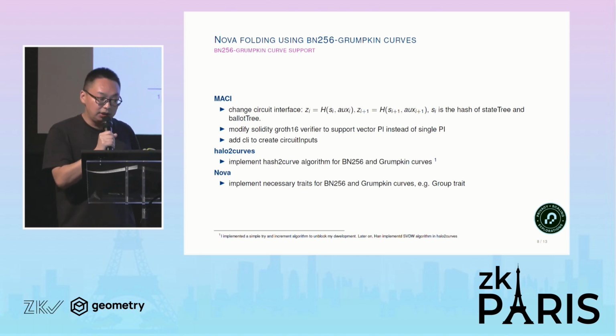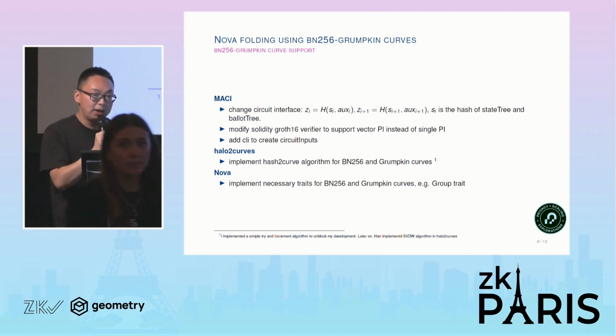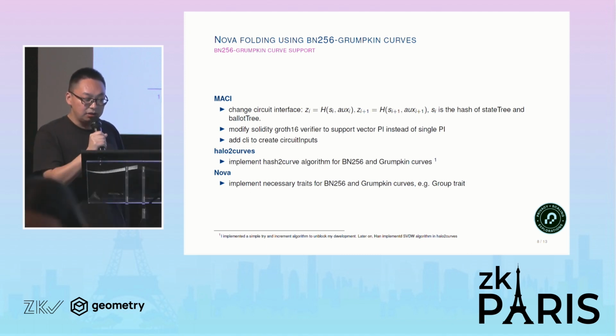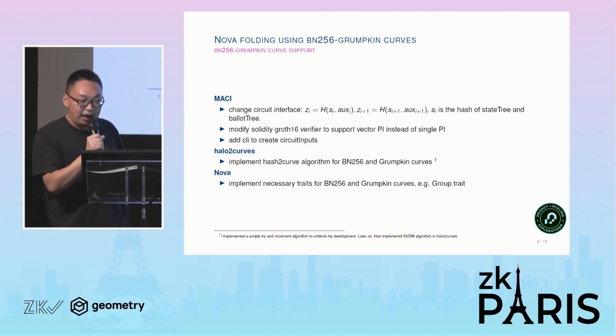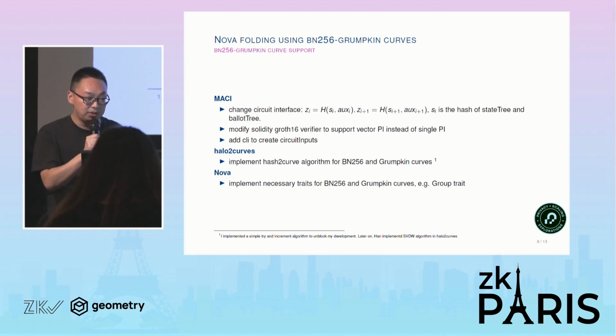In the beginning, I wrote a simple try-and-increment algorithm to unblock my development. Later, I discussed with Han from the PSE team, and he added a new SVDW algorithm into this repo, so later I will replace my simple algorithm with Han's implementation.